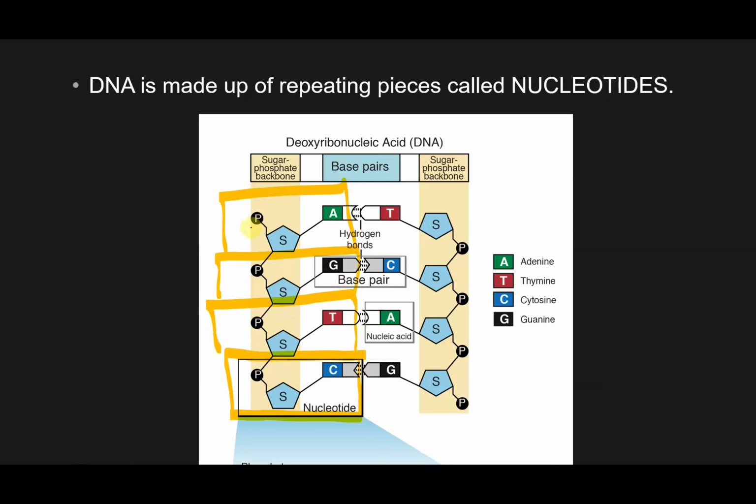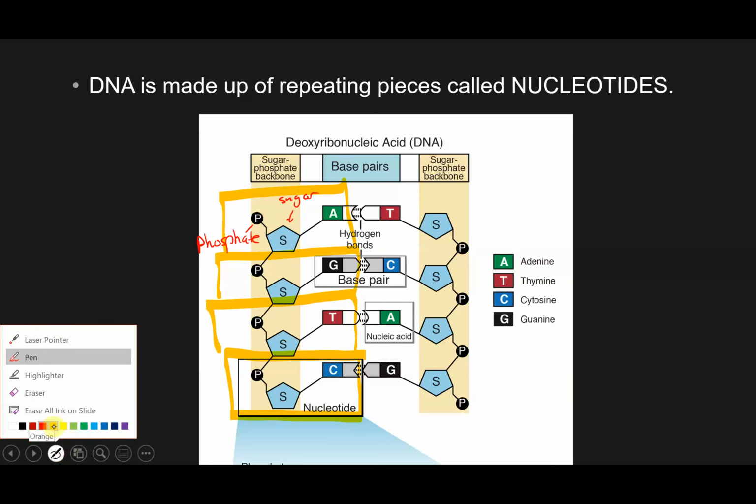So this is the phosphate group, this is the sugar, and together they form the sugar-phosphate backbone. These are the individual portions of the hand railing of the ladder, if you will.